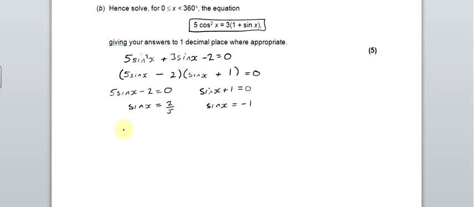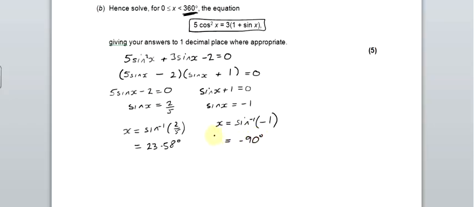And then we do the inverse sine, so x is equal to the inverse sine of 2/5, and that works out to be 23.58 degrees, and this is in degrees because we can see from the range up here. And then we have here, we've got x is equal to the inverse sine of -1, and that means it's equal to -90 degrees. So that's our first bit.